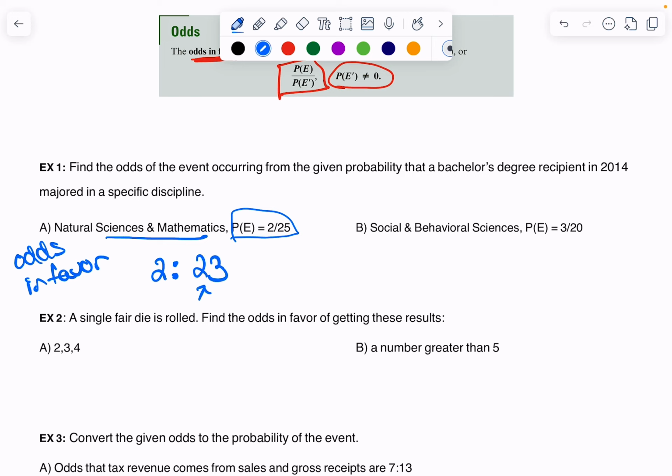So this number comes from 25 minus 2. Now, for social and behavioral sciences, probability is 3/20. So odds in favor is going to be the numerator, 3, and we're going to take the denominator and subtract the numerator from it, 3 to 17.